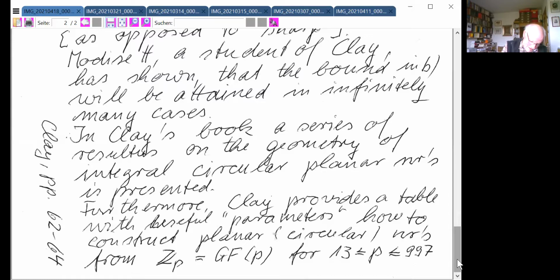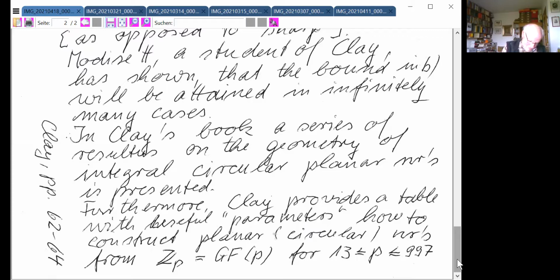I decided that I will not go into these details, but I have to mention that Clay provides a table with useful parameters, not the usual parameters we had here for balanced incomplete block designs, but a list of primes and how you can, from the Galois field with prime p with p elements, construct in various ways a planar near-ring, and hopefully it might be a circular one.